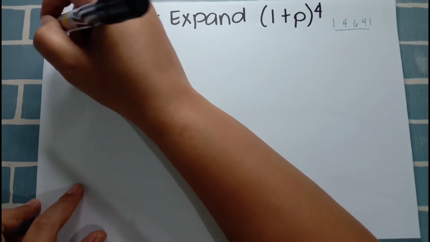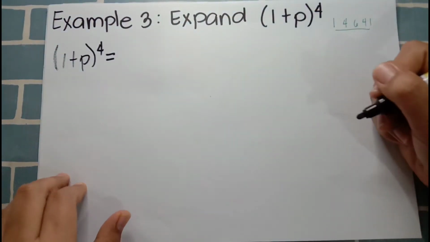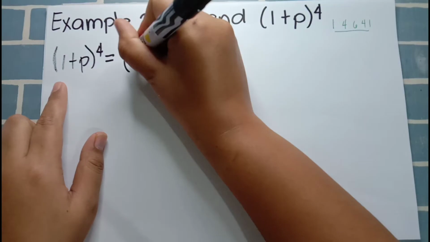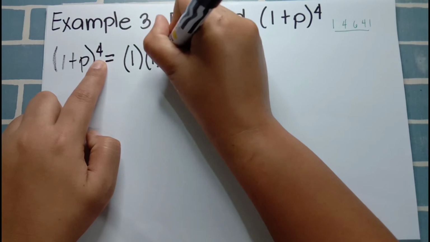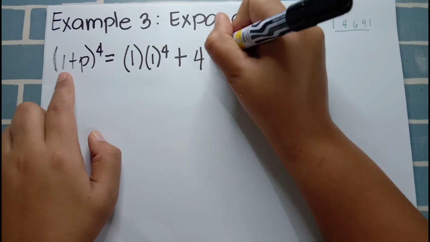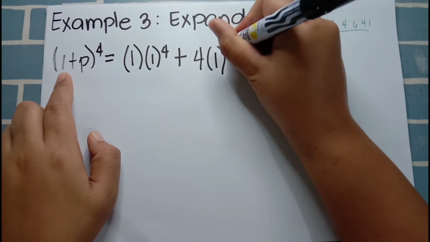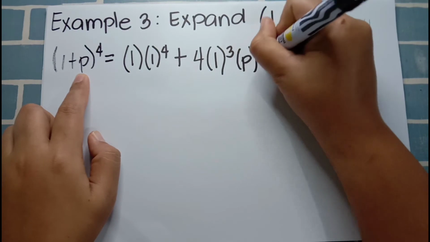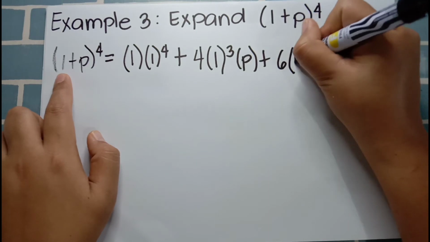So, 1 plus p raised to 4 equals 1 times 1, our first term is 1, raised to 4, plus 4 times 1 cubed. So, 4 yung una, bawasan natin ng isa, magiging cubed, times p, plus 6 times 1.